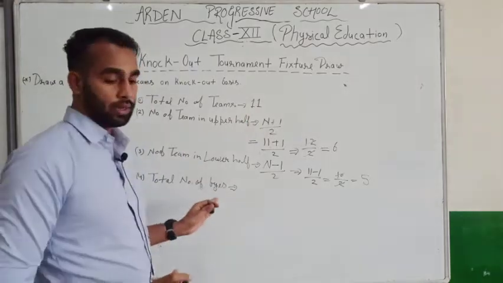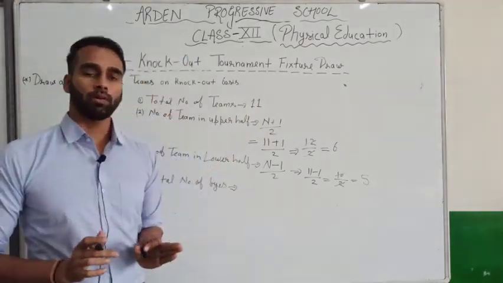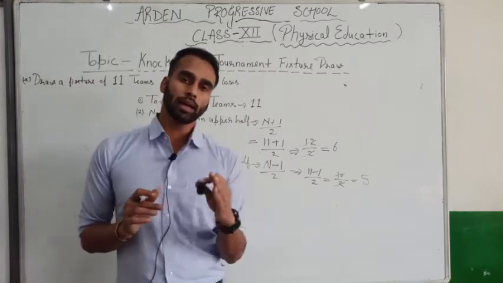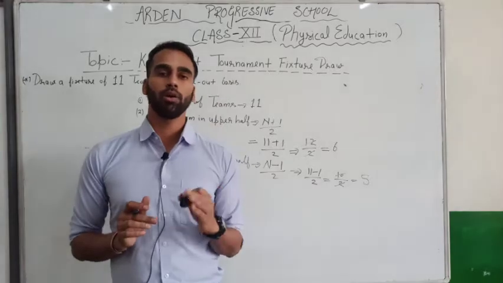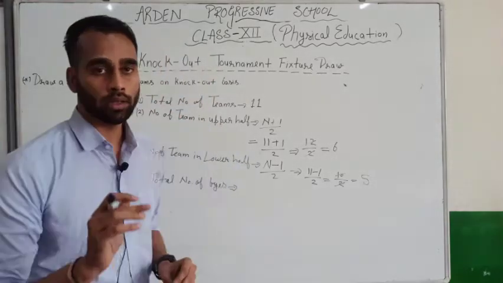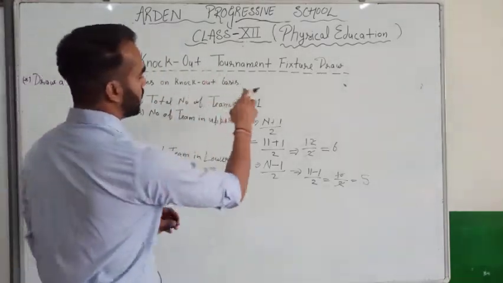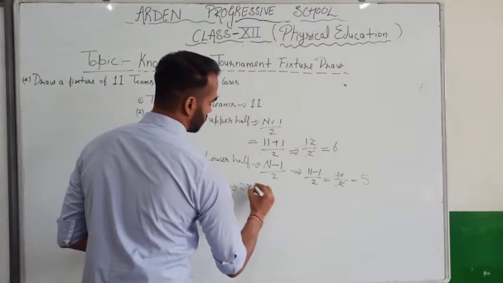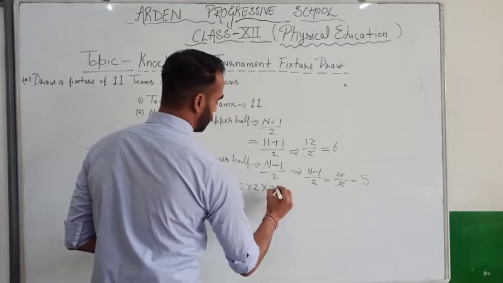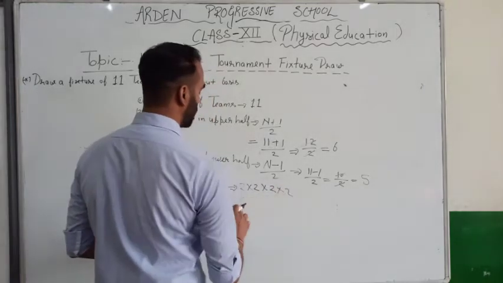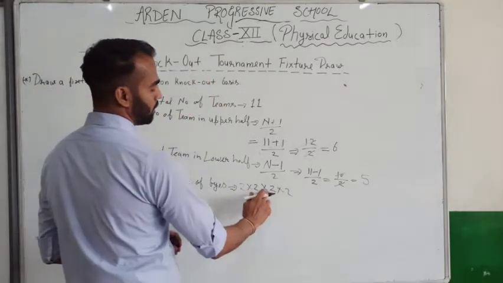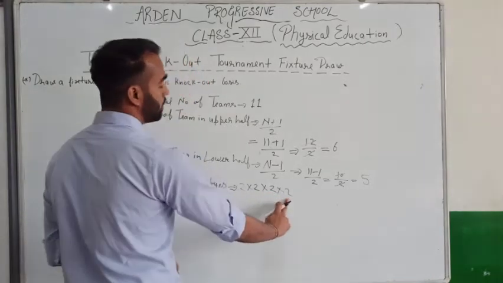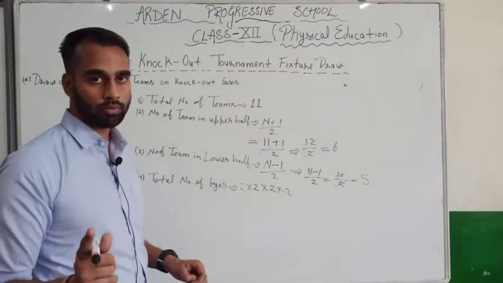Then we use powers of 2. Okay, so find the next highest power of 2. We can see 11, so 2 into 2 into 2 into 2. Okay, so 2 into 2 is 4, 4 into 2 is 8, 8 into 2 is 16. Okay, so the next highest power of 2 is 16.